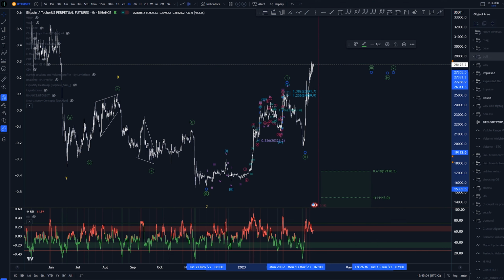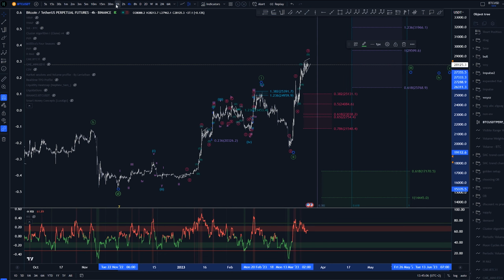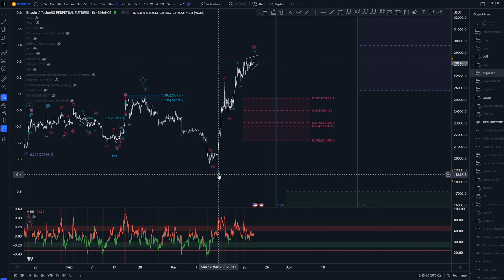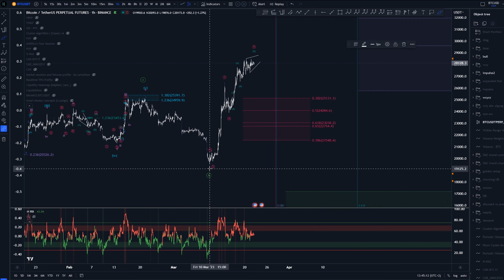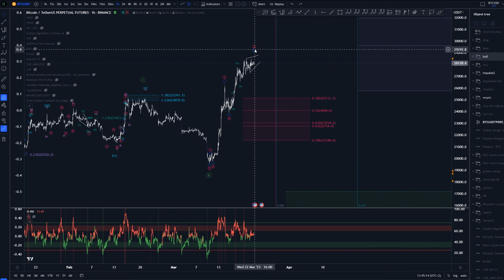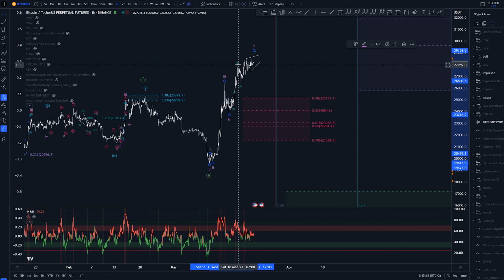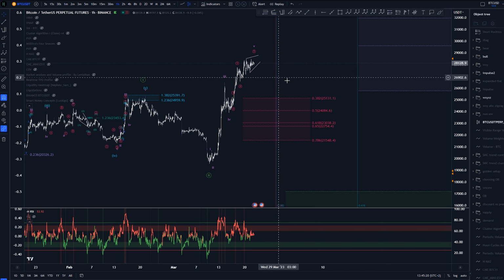The bull count here locally would be something like this, where we would be having this as a 1, 2, 3, 4 and 5. These are completely wrong degrees, but no matter that.